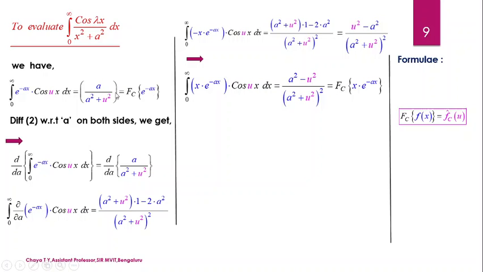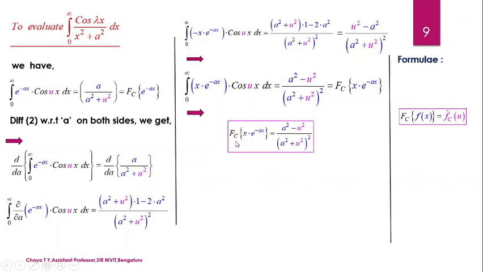With the same concept, the integral 0 to infinity x e power minus ax cos ux dx, by the definition of Fourier cosine transform, represents the Fourier cosine transform of the function x e power minus ax.